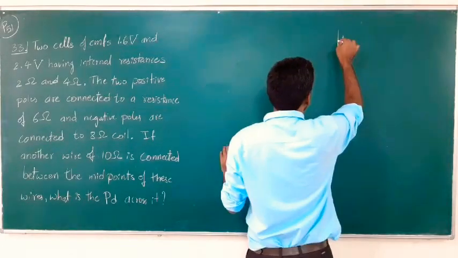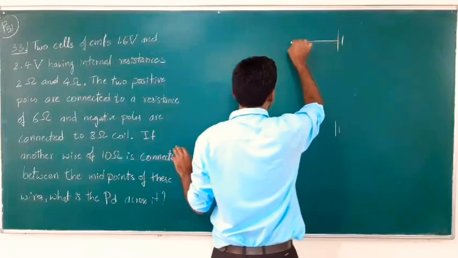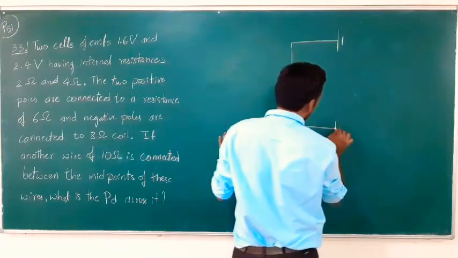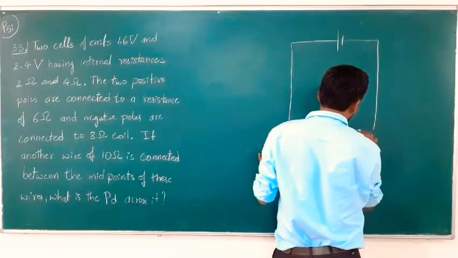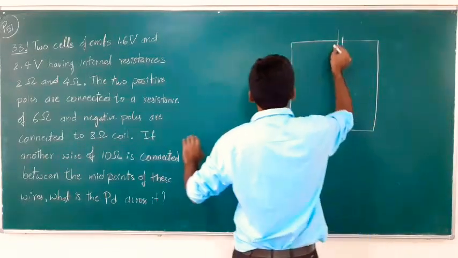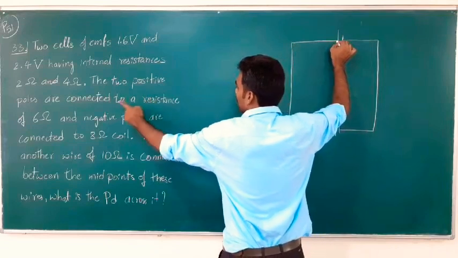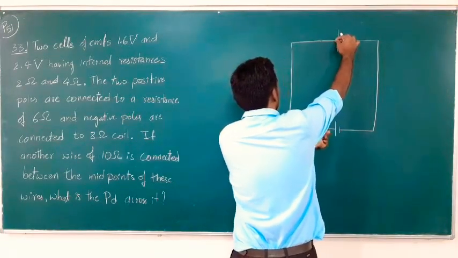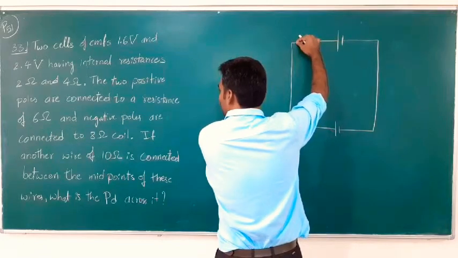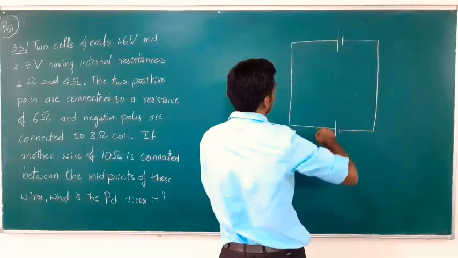So two positive poles of the cells are connected and two negative poles of the cells are also connected. Look at this. These two positive poles of the cells are connected to a 6 ohm coil.